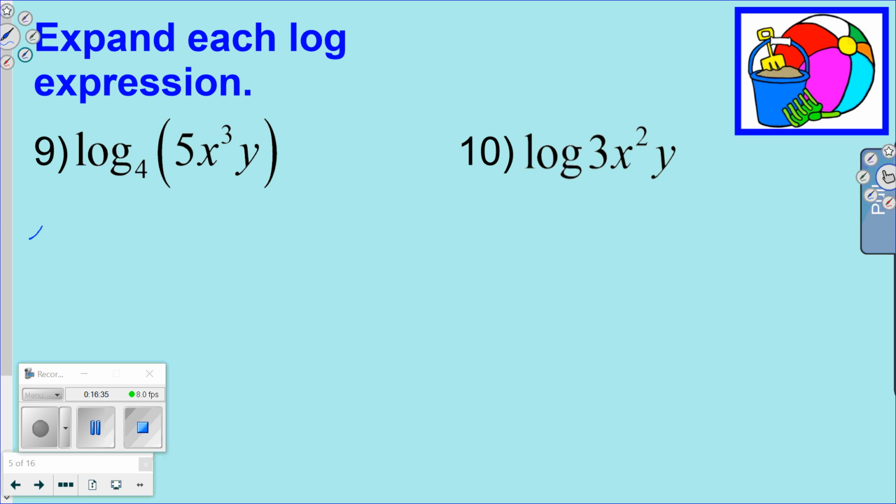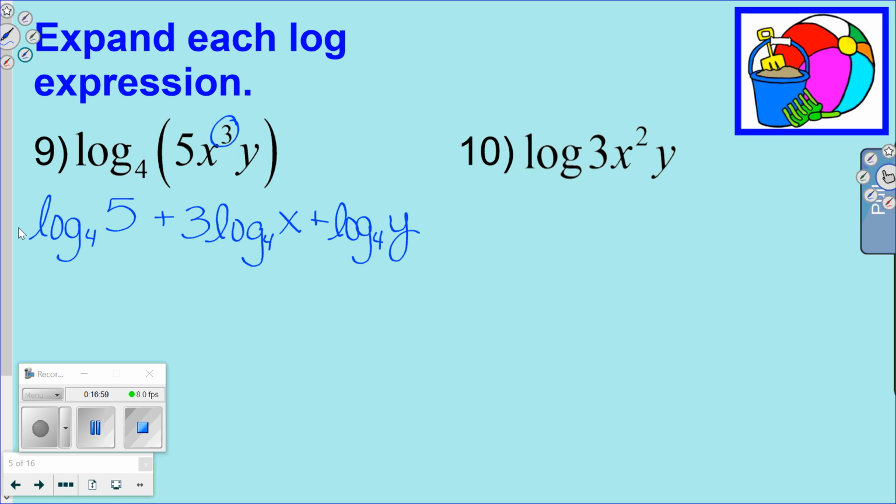So we're going to have log base 4 of 5, and they're being multiplied, so I'm going to write plus. Exponent goes in front. So 3 log base 4 of x plus log base 4 of y.